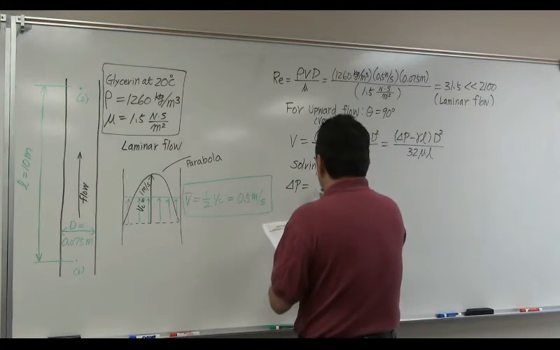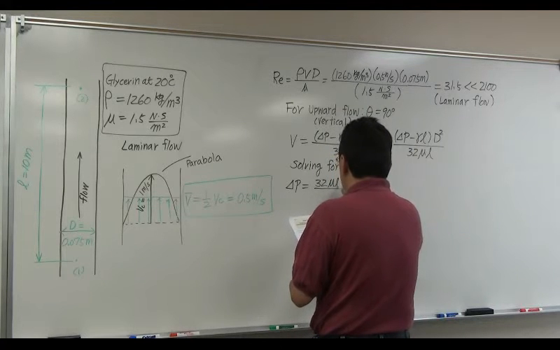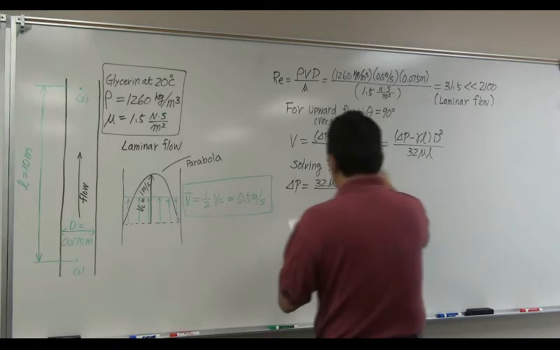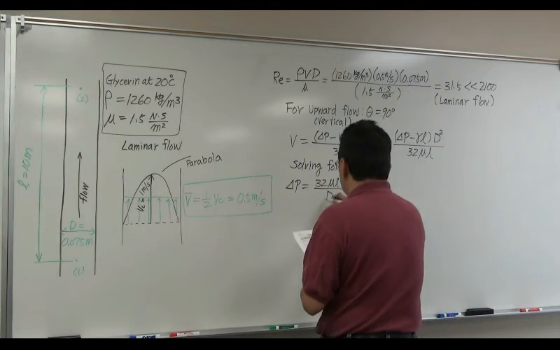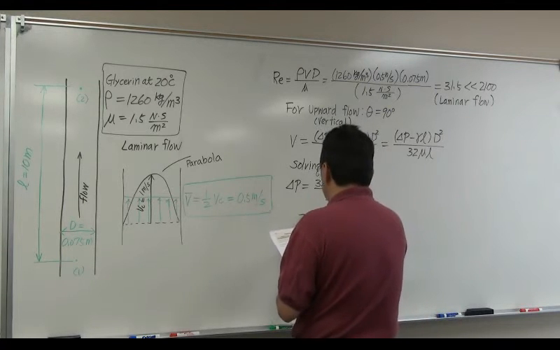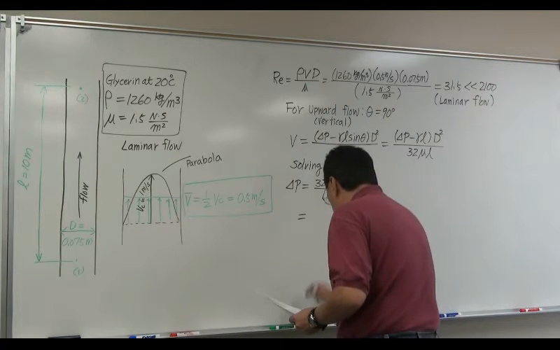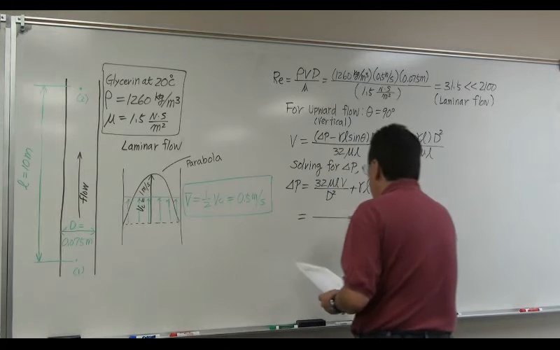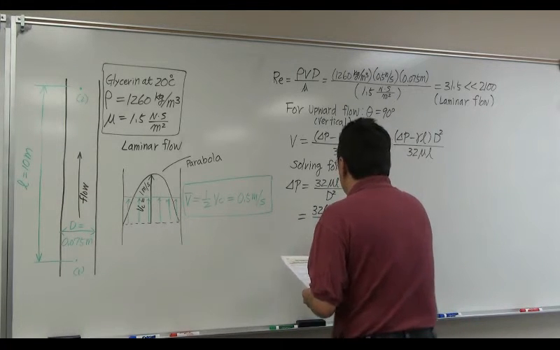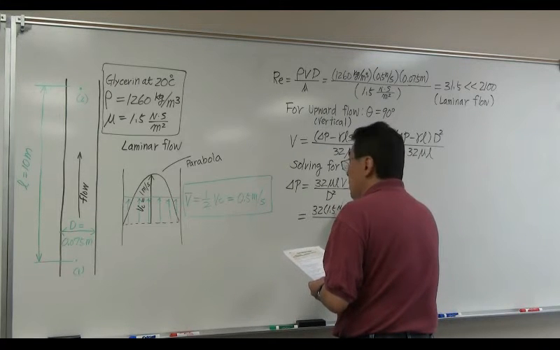Delta P now becomes 32 mu L times V divided by diameter squared plus gamma times L. So if you plug in 32, viscosity is given 1.5 Newton second per meter square.